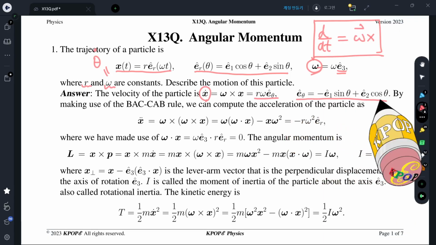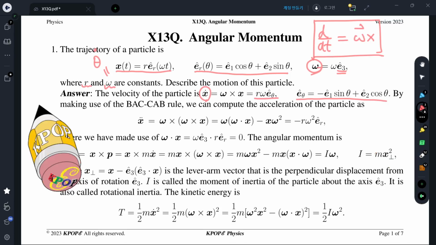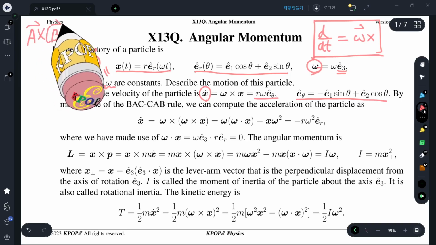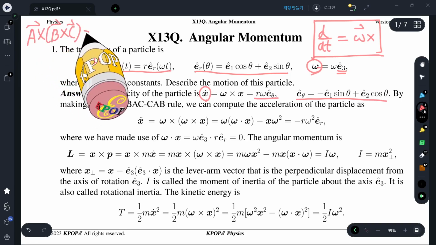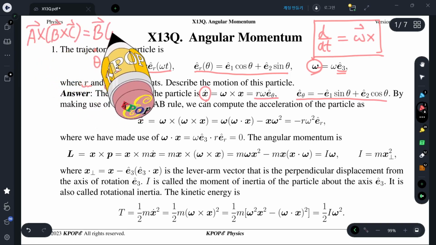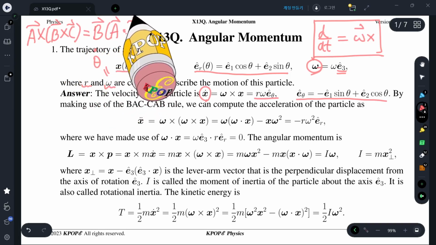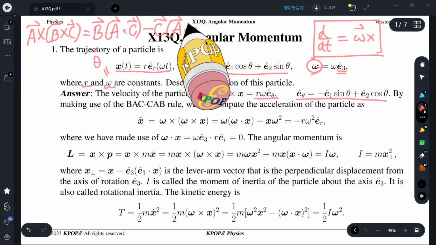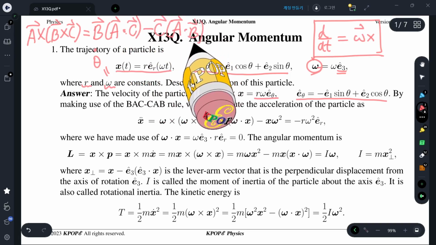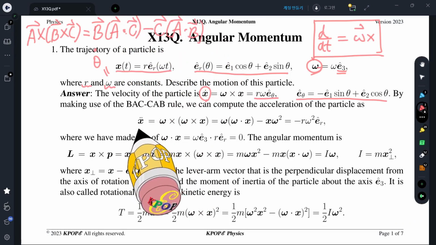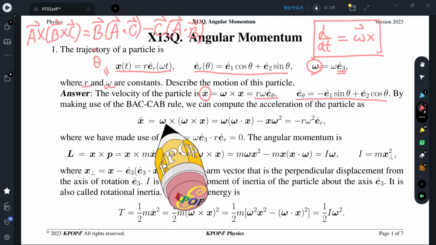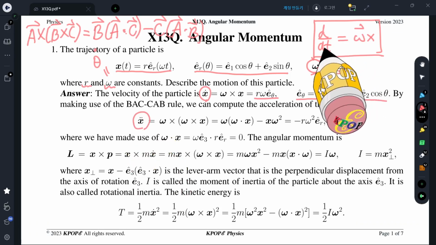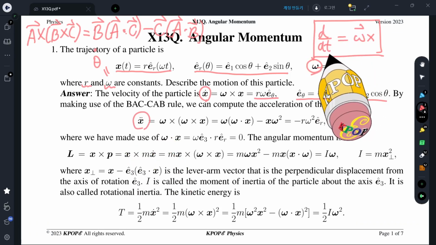By making use of the BAC-CAB rule, we find that the acceleration of this particle is the double time derivative of the position vector.